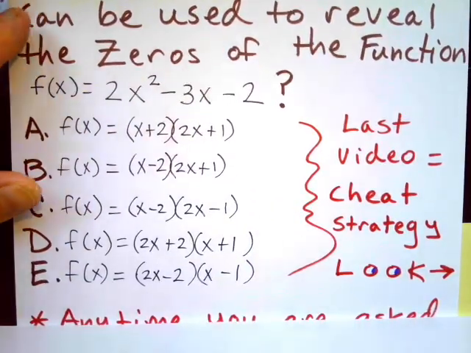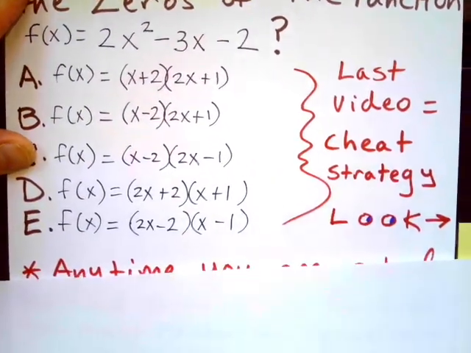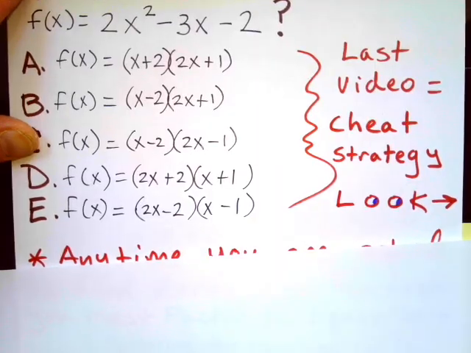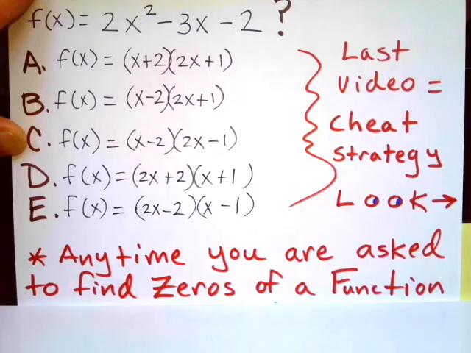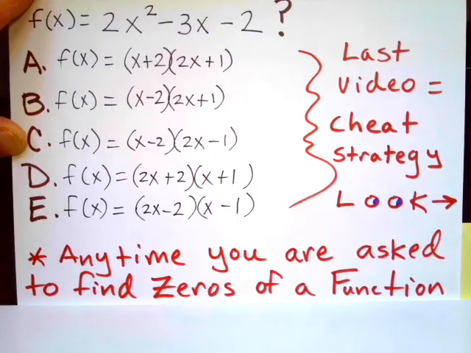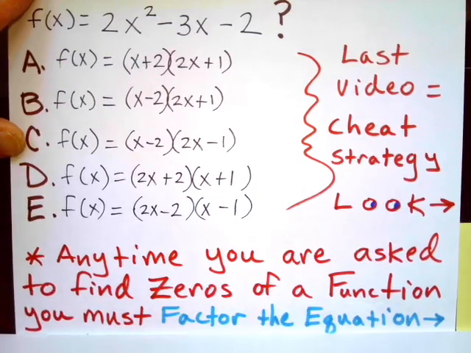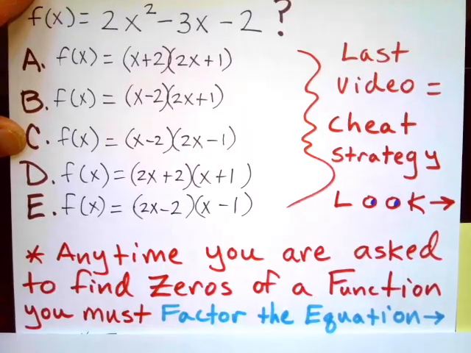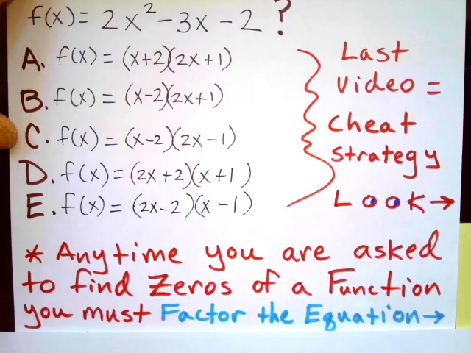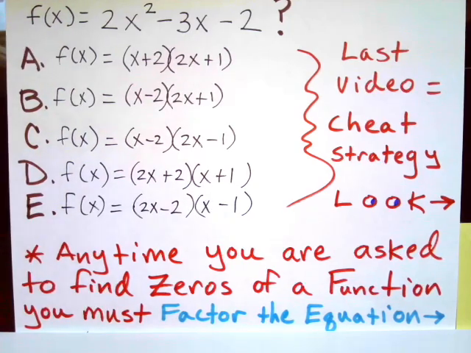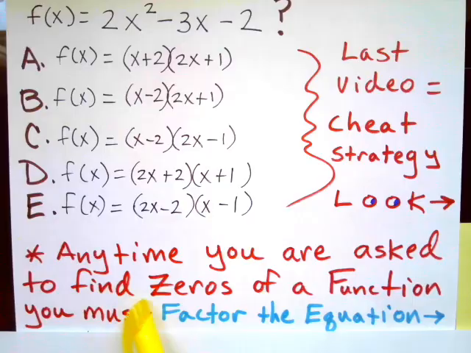In this first video, I'm just going to go over what we need to do to find the correct answer. So anytime you're asked to find zeros of a function, you must factor the equation or the expression. It's almost always going to be an equation, unless the question's asked in a different way. So check out my videos on finding zeros.